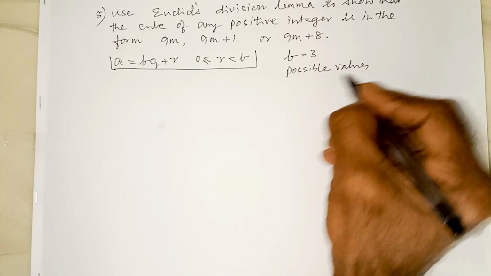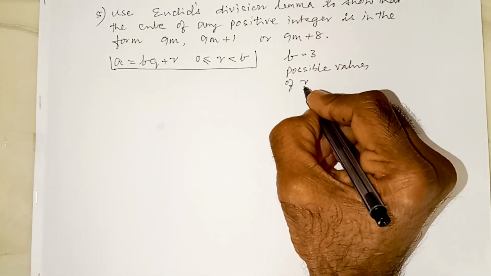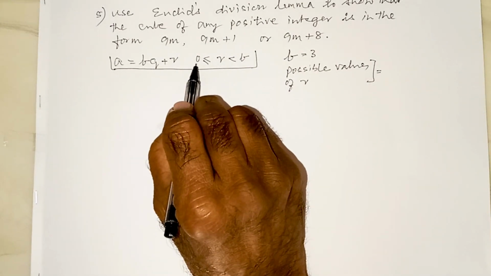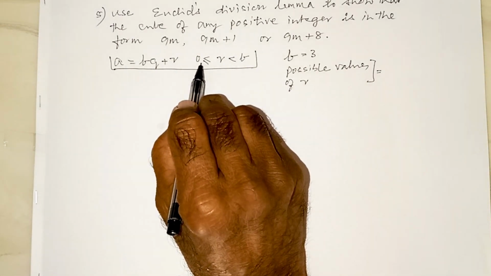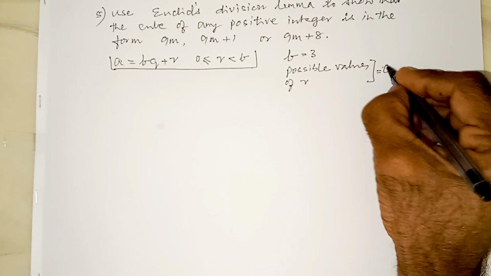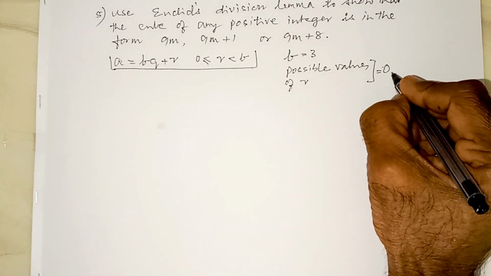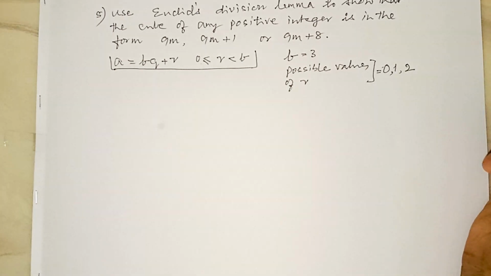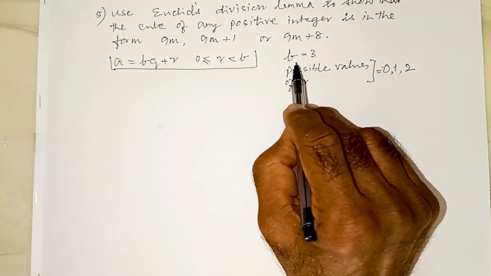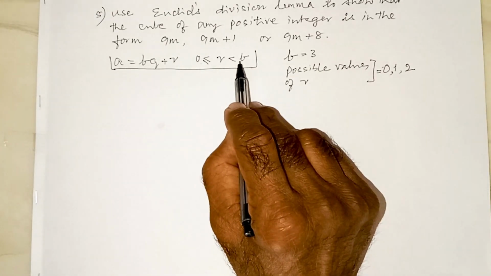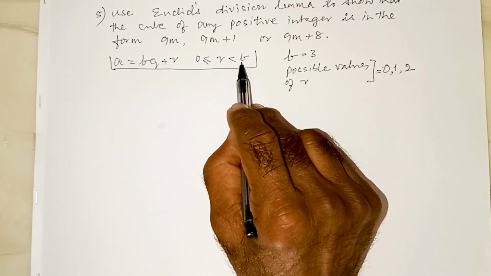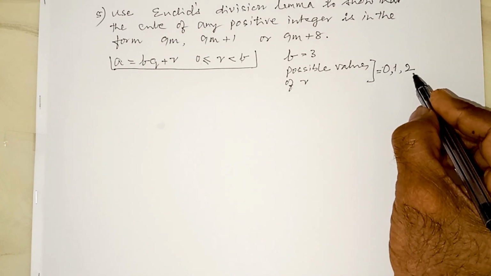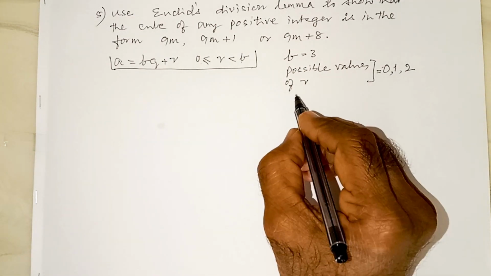As we know, r is either equal to 0 or more. So the possible values of r are 0, 1 and 2 only, because r should never be more than or equal to b. Therefore, we can take 0, 1 and 2 as the possible values of r.